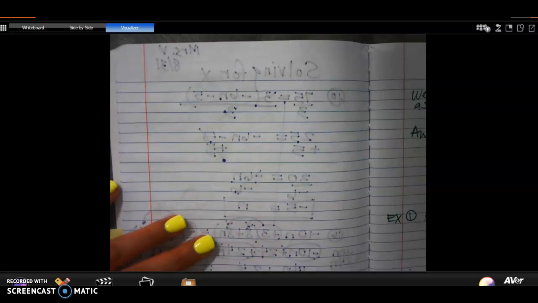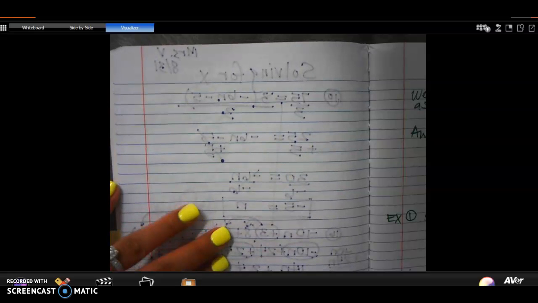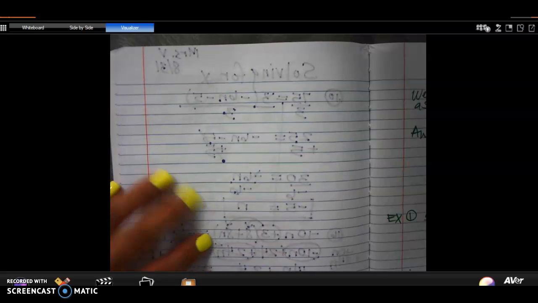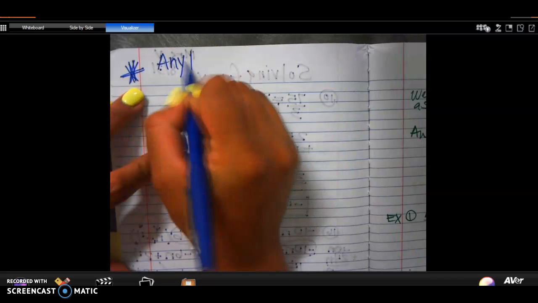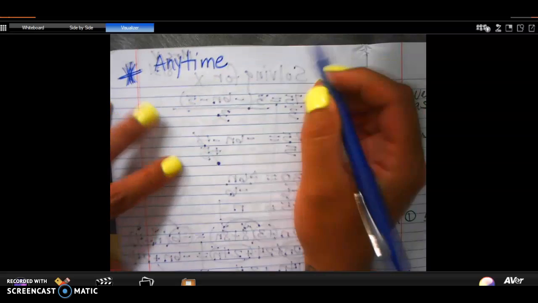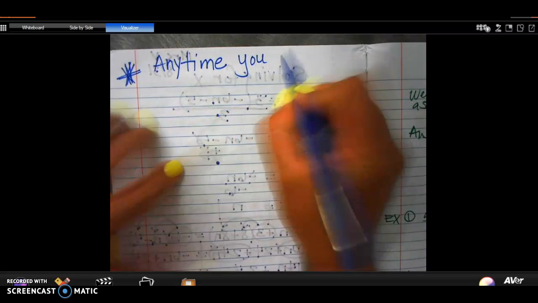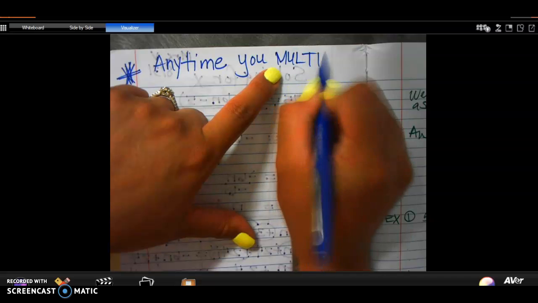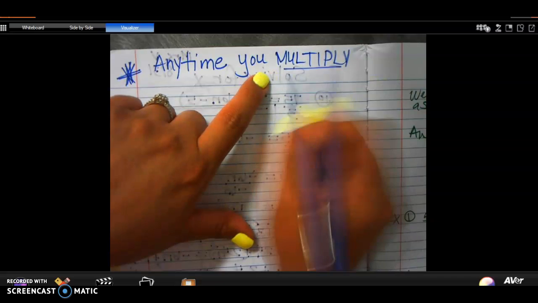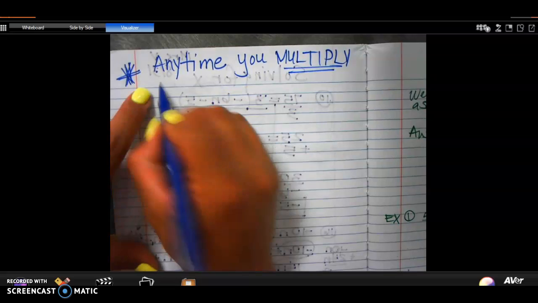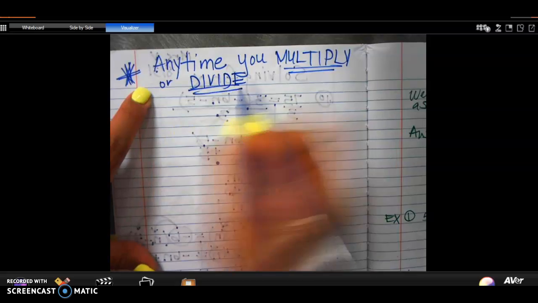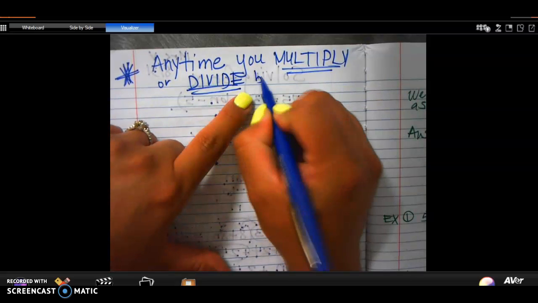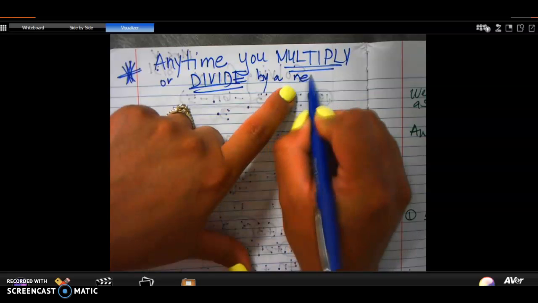Okay, we're going to continue our notes because we know in math it progressively gets harder as we do examples, right? So let's put a star by this because this is an important idea, okay? Anytime you multiply, I'm going to underline that, multiply or divide by a negative number.